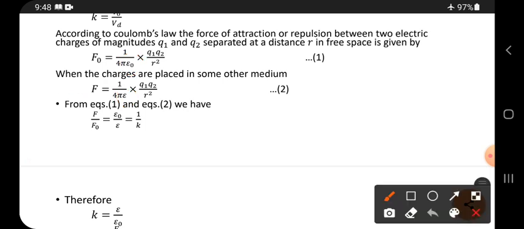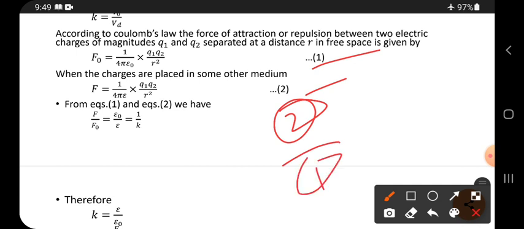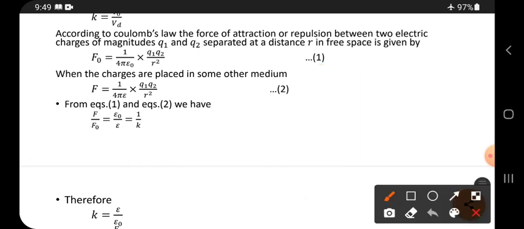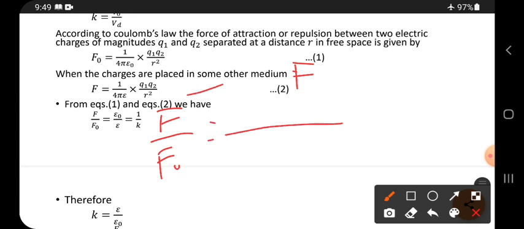Now simply from equation 1 and 2, take equation 2 by 1. Equation 2 is F and equation 1 is F naught. So F by F naught means this equation by this equation.